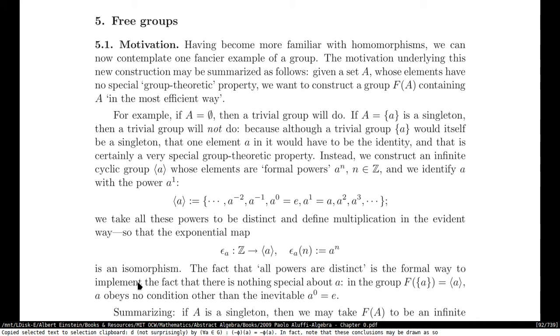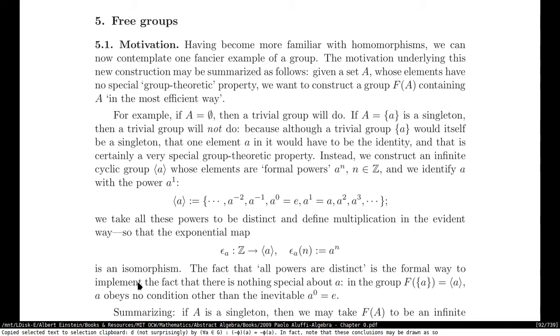Okay. So if it's a trivial group, if it's just an empty set, then you'll have the trivial group, no wonder. But if you have, let's say, a singleton, a single element in the set A, then right.